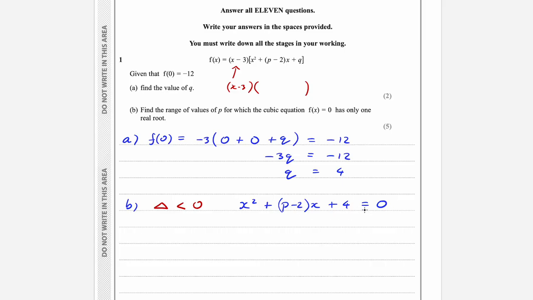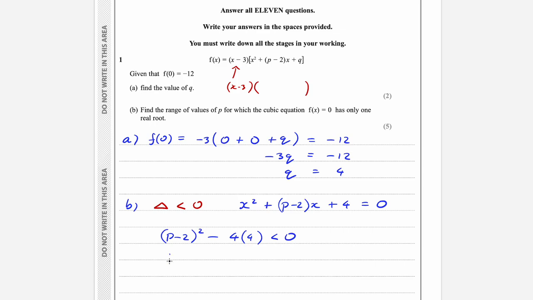If this has no roots, then the cubic only has 1 root. So the discriminant, b squared, (p minus 2) squared, minus 4ac, 4 times 1 times 4, has to be less than 0.